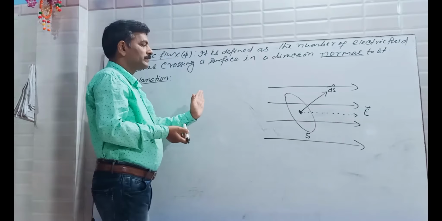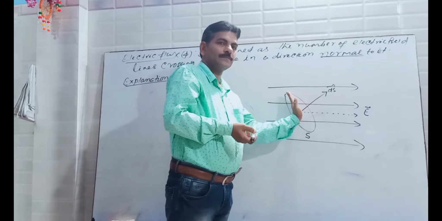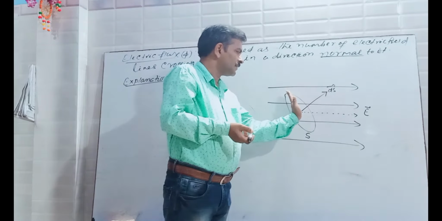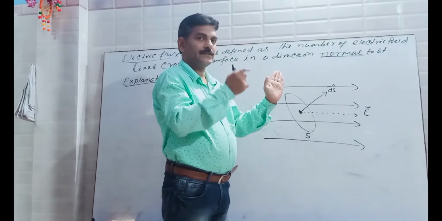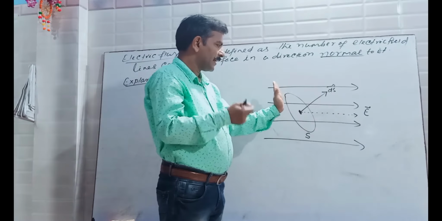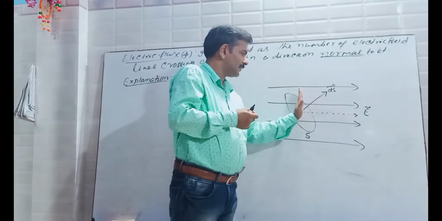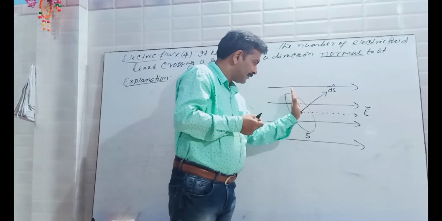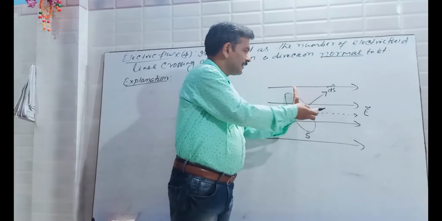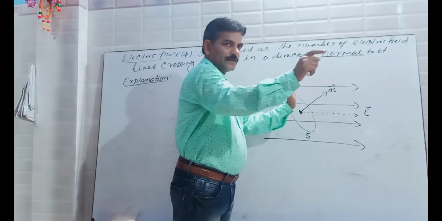Suppose my palm is this surface. The area of my palm is S. Then can anybody tell me how the palm is placed here? In this way or in this way? No, in this way. It is being tilted. If the palm is held like this, then the area vector will be this one, and this will be parallel to the electric field.